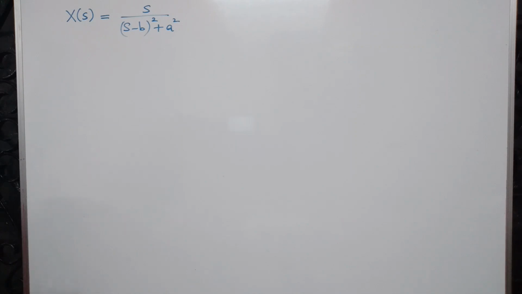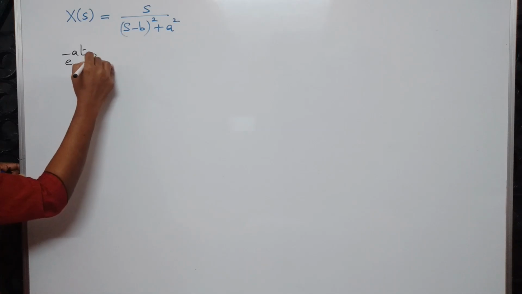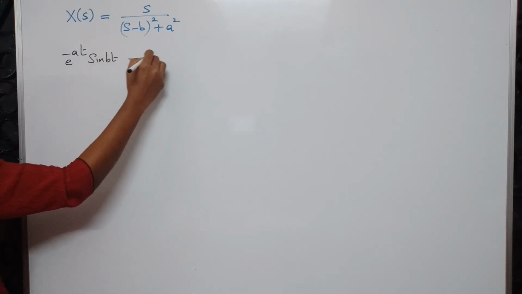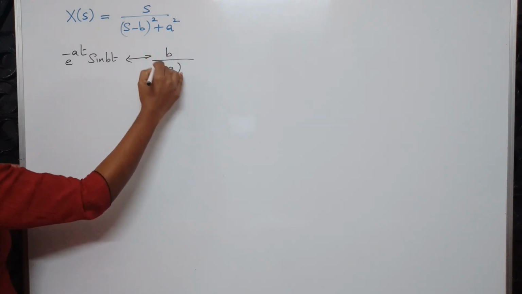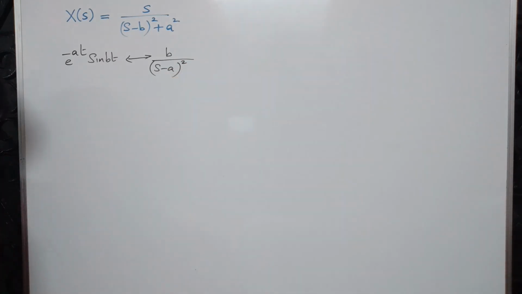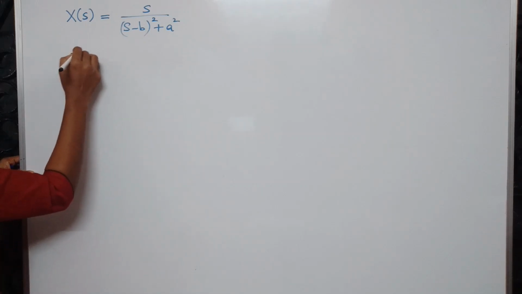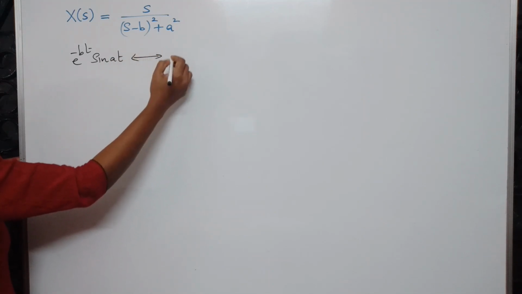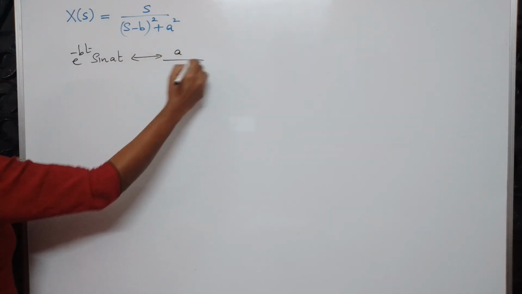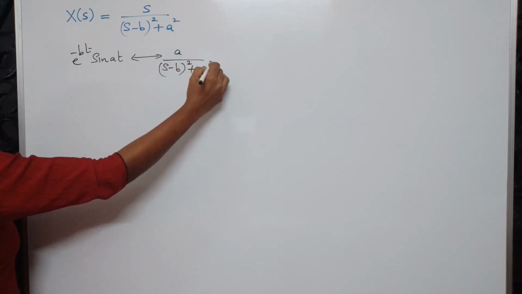Now the known standard functions of these forms are e raised to minus bt sin at, which will be a by (s minus b) the whole squared plus a squared.